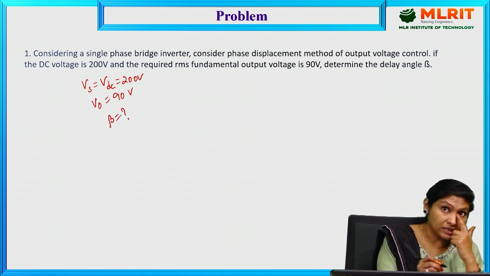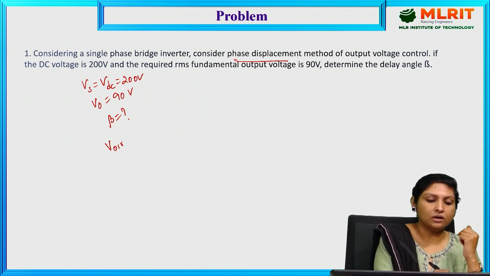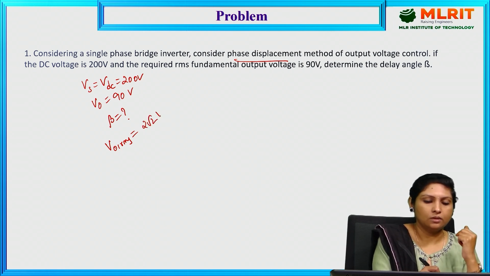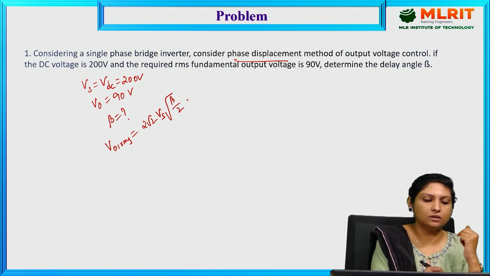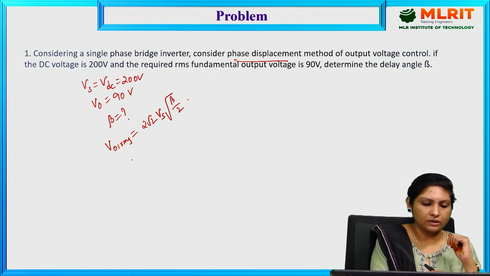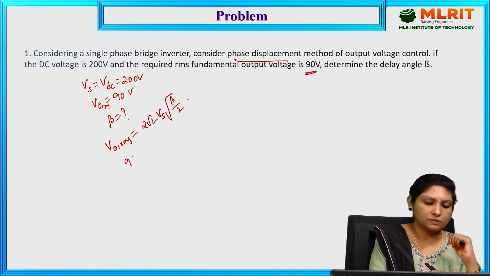Since he is asking us to consider this phase displacement control, the output of the inverter is given by V0 RMS is equal to 2 root 2 Vs root over beta by 2. And here V0 RMS is given as 90 volts in the question, so let us substitute 90 equals 2 root 2 times Vs, where Vs is nothing but the supply voltage, which is 200, root over beta by 2.